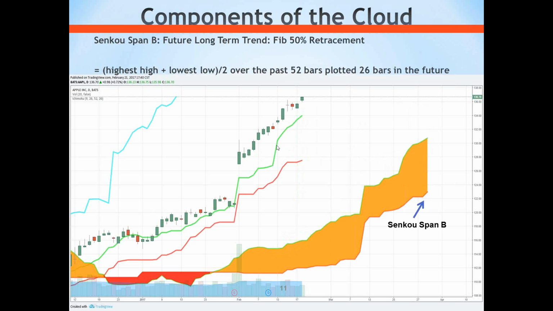So if the future cloud is upward sloping like this, what can we say about the expectations for trend? What do you guys think? Everybody that thinks they know, put an answer in the chat box here. What do you guys think?